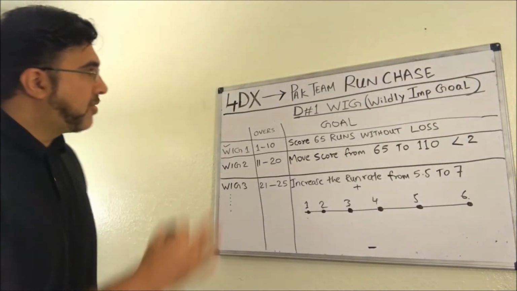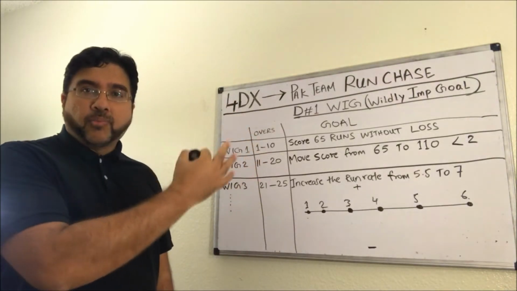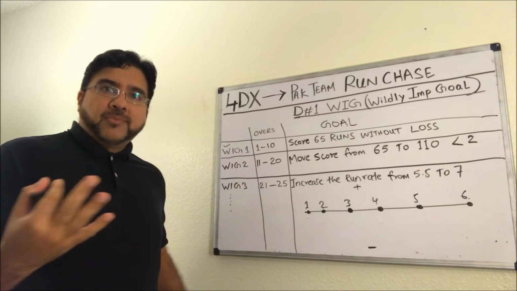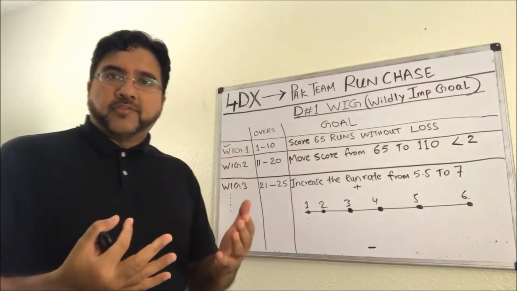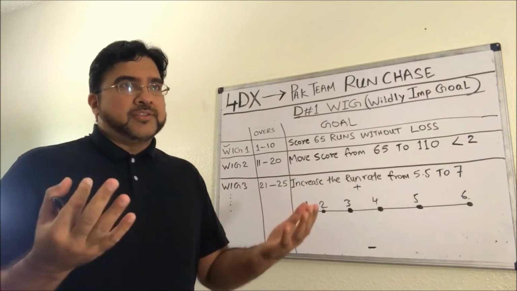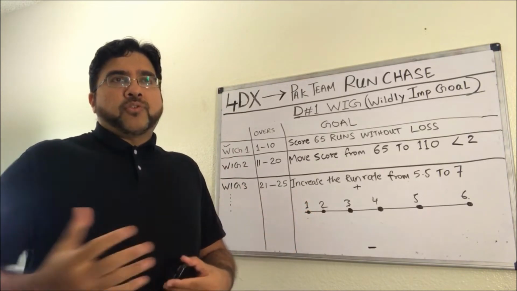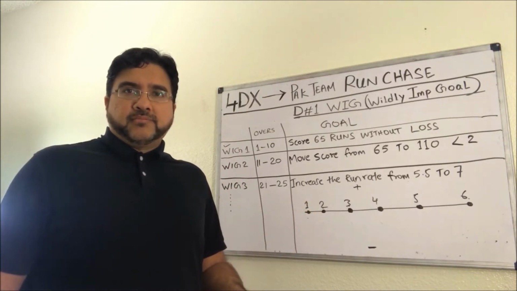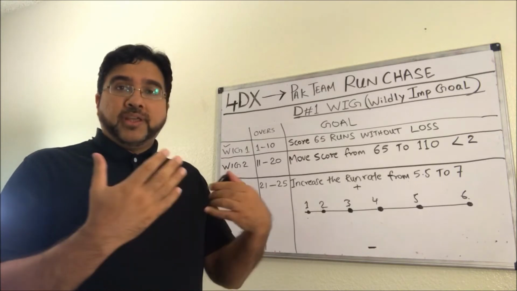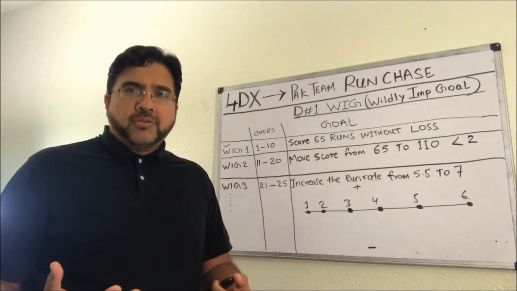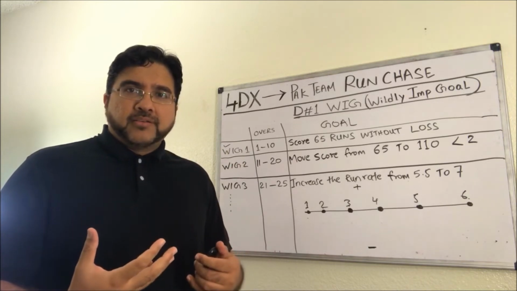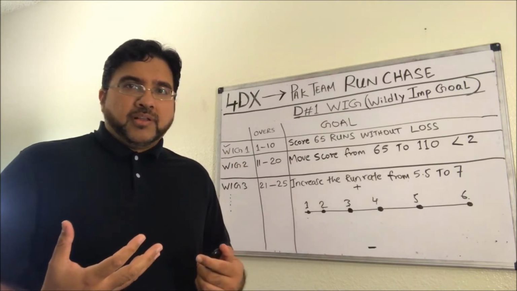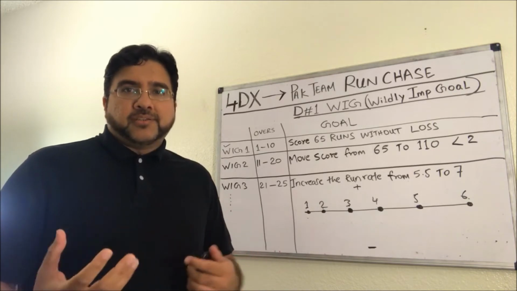All right, let's start with discipline one, the wildly important goal. So the ultimate goal of the team is to reach the target in less than 50 overs, right? For example, if they have to score 325 runs in 50 overs, that could be a wildly important goal. But that's too ambitious because cricket, just like any other sport, is dynamic in nature. It changes, right?